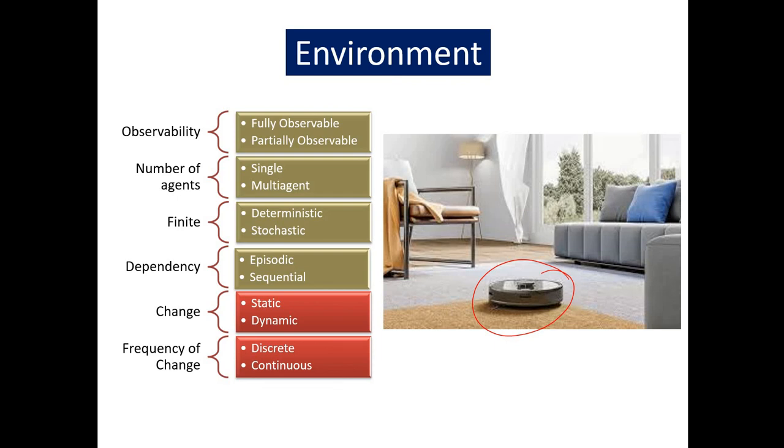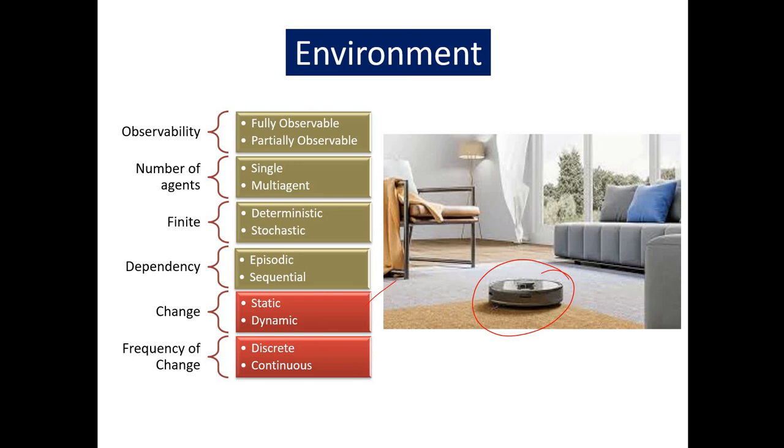Generally, if you use this cleaning robot early in the morning when nobody has woken up and the hall is empty, it will follow a certain rule. It will start from one end corner and move, and it knows where the parts are, as it is embedded. So it will not get confused. That kind of environment we call static.